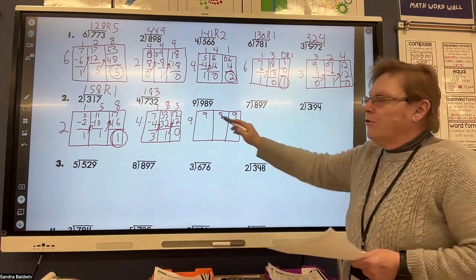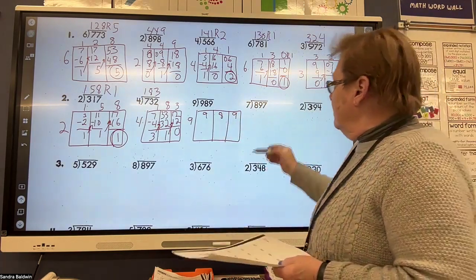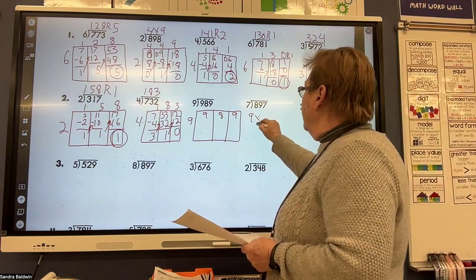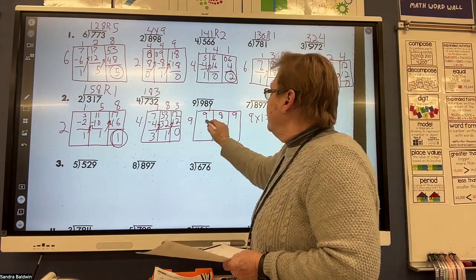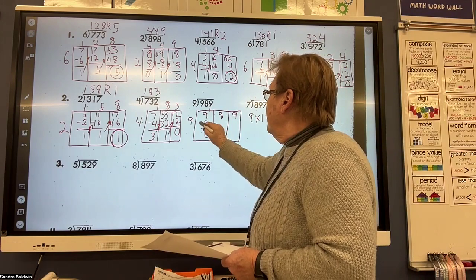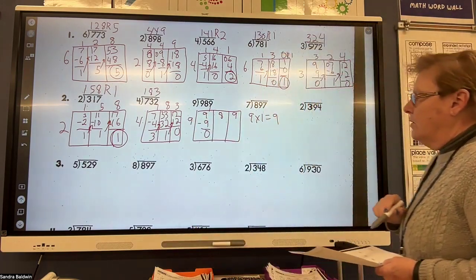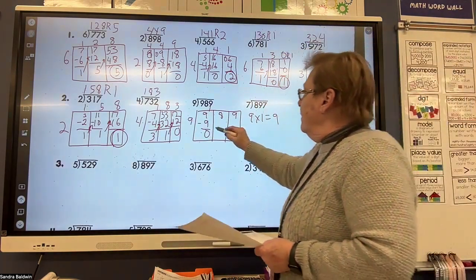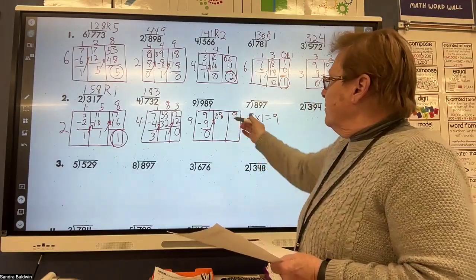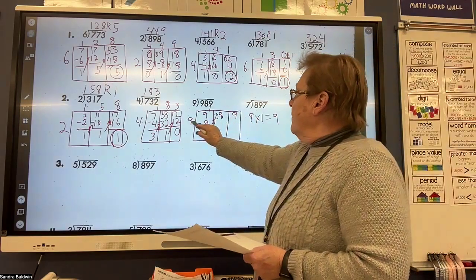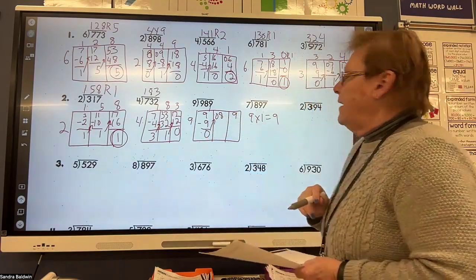Okay, how many groups of 9 can I make in 9? All right, well, 9 times 1 equals 9. There I go. 1 times 9 equals 9. If I subtract that, I get 0. So I can move that to the tens column like the others. It's still just 8. So how many groups of 9 can I make in 8?